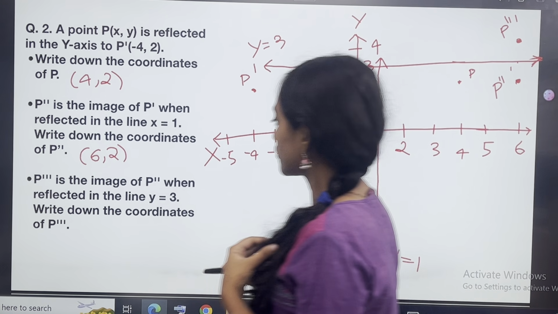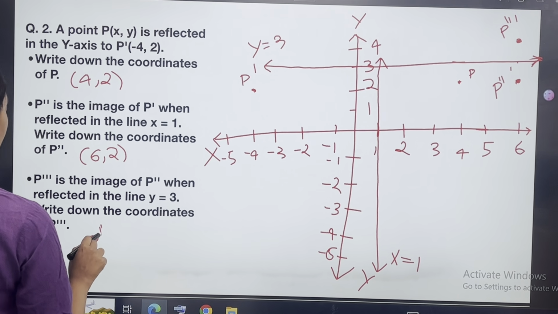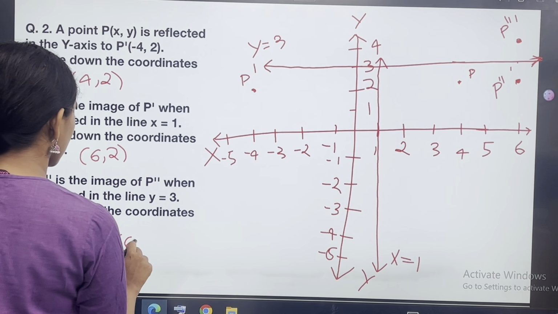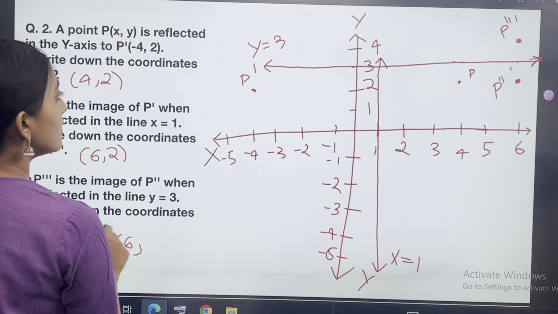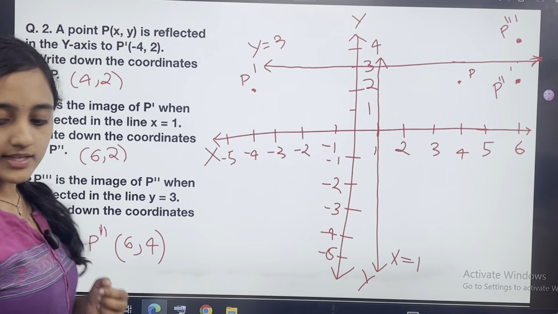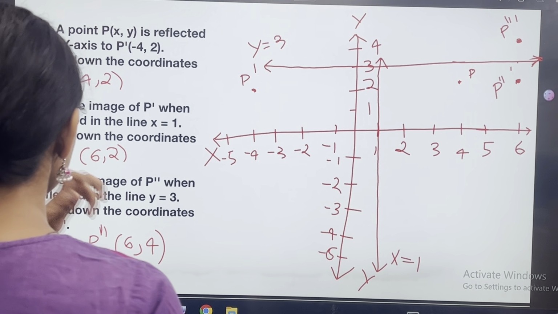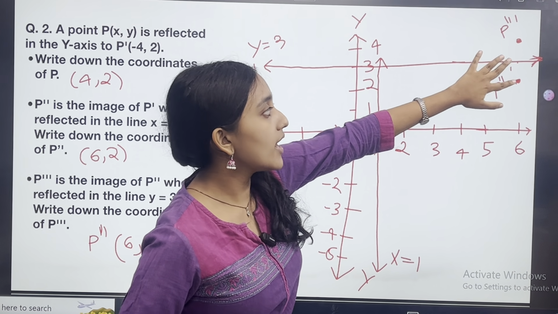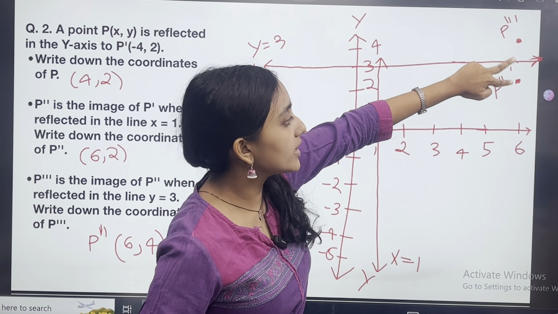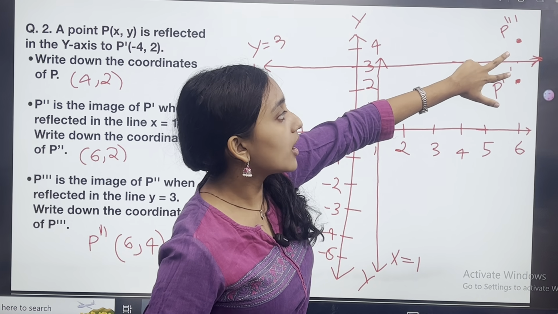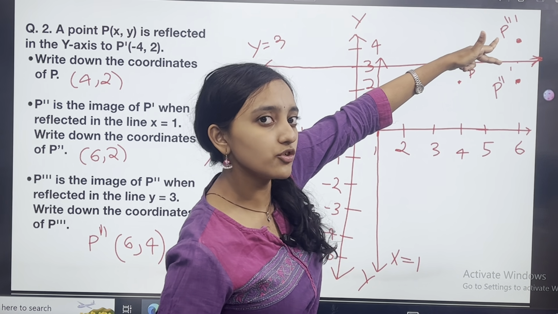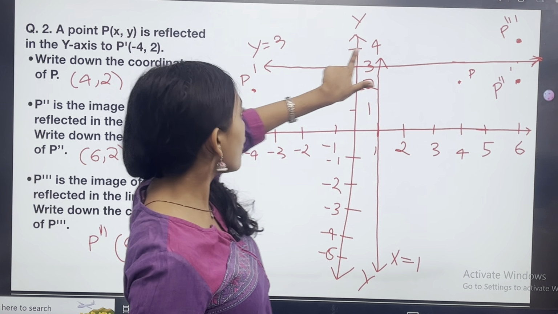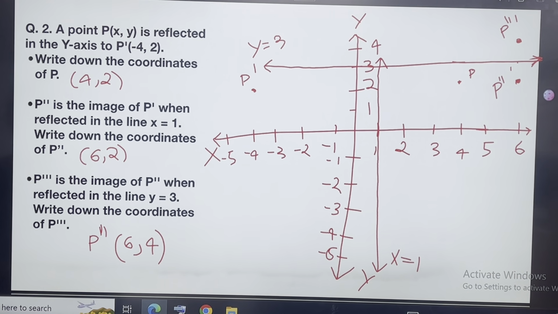So the value of P triple dash will be (6, 4). Is that correct, my friends? Yes, because y is equal to 3 is the line. You have a distance of 1 unit between this point and the line, so on the opposite side you take 1 unit, and therefore the coordinate will be (6, 4).